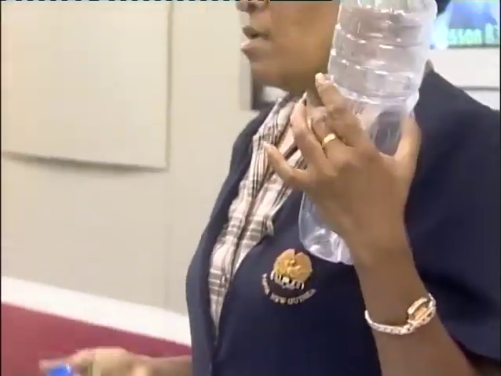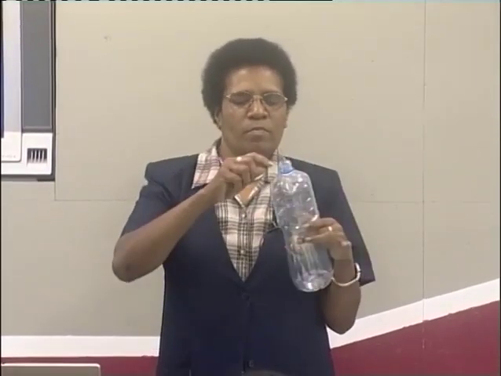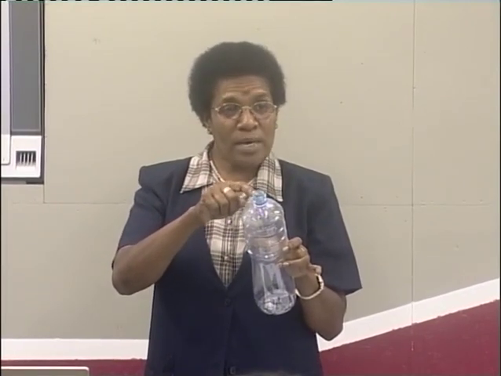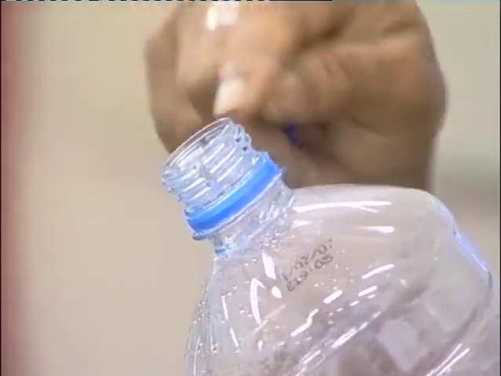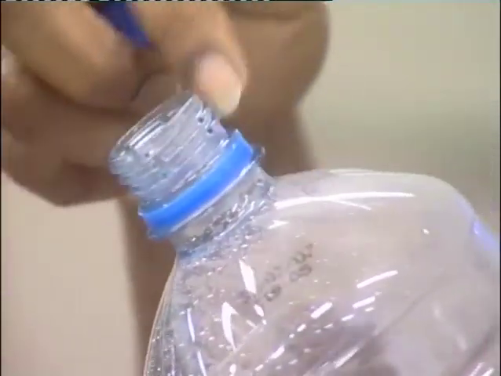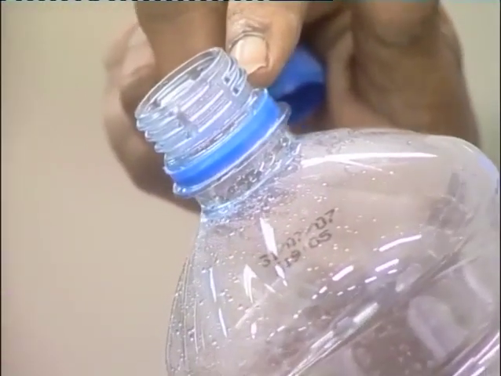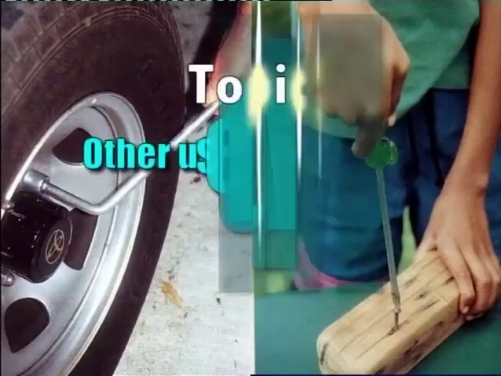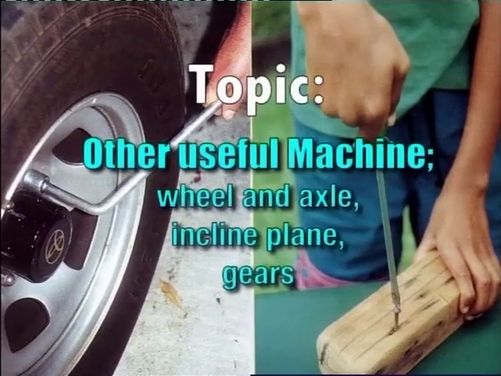That's a container. If we have a close look, we'll see at the top where the opening is, there is a ring that goes around the mouth of the container. This leads us to our topic, other useful machines.